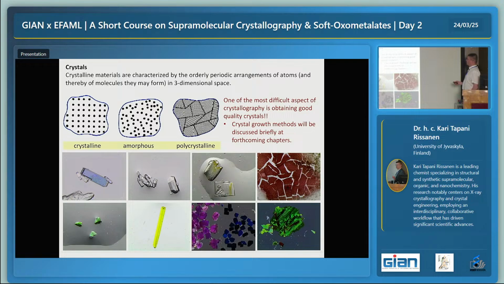And I'm really emphasizing here that if you want to do a single crystal X-ray diffraction study on any material, in 98% of cases the most complicated thing is to get a good single crystal. Because if you don't get a good single crystal, you don't get anything. So absolute 0. The most difficult aspect of crystallography is obtaining good quality single crystals.